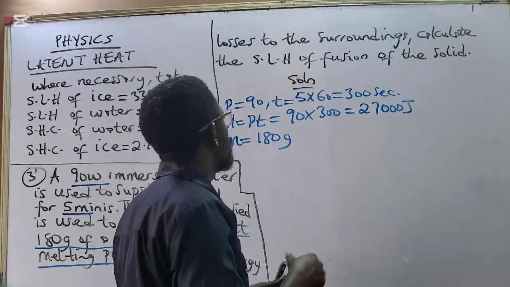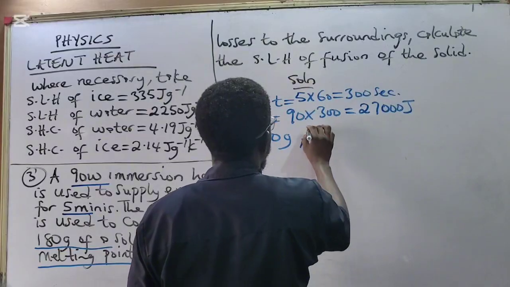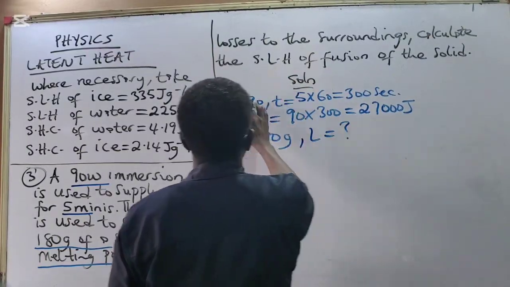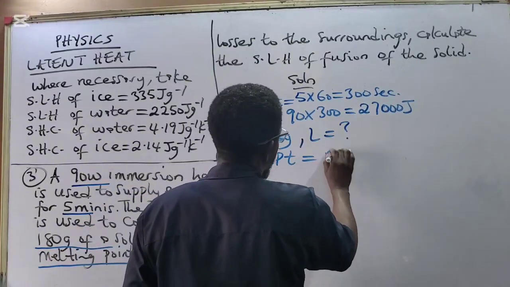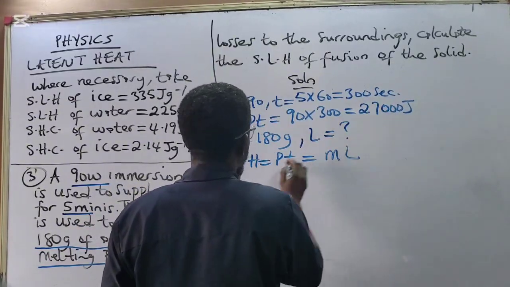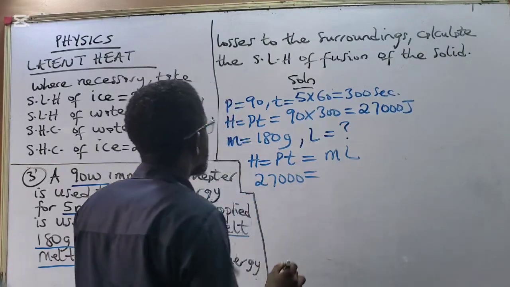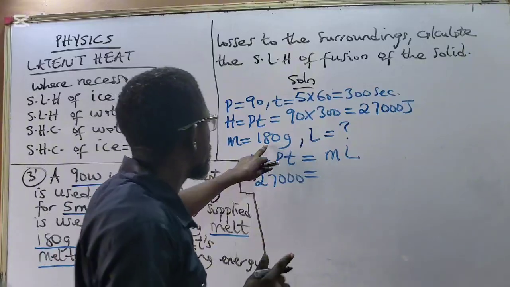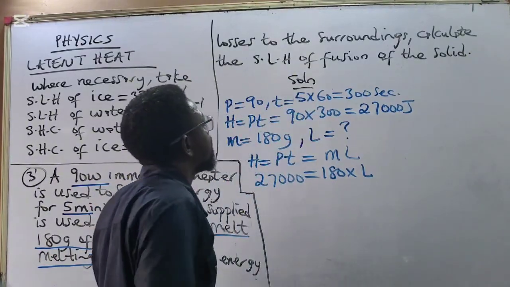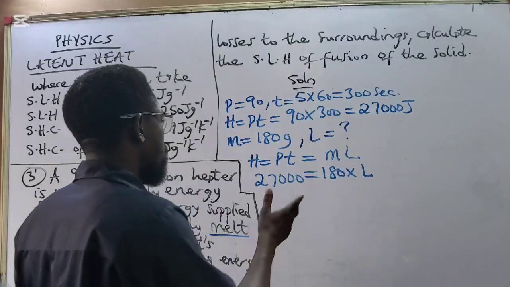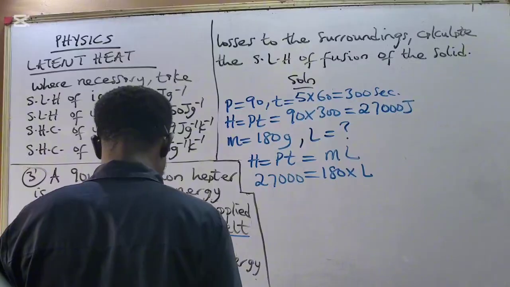So I'm going to make use of mL. Calculate the specific latent heat of fusion of the solid. We're looking for L. Now H equals Pt, and that will be mL. So we have 27,000, the mass of the solid is given as 180, and the specific latent heat of fusion of the solid. So that's the formula we apply. Apply that formula, we can get the value.